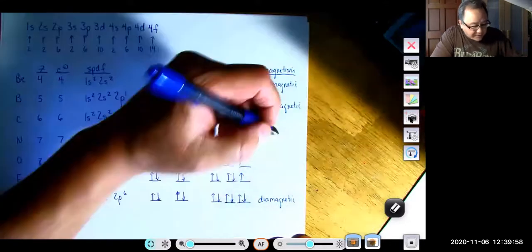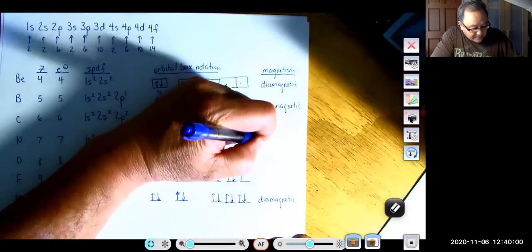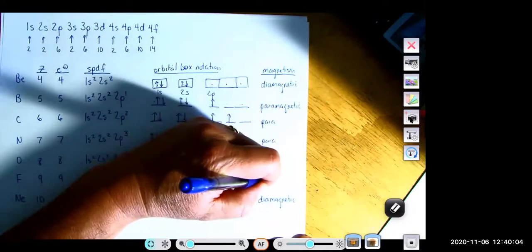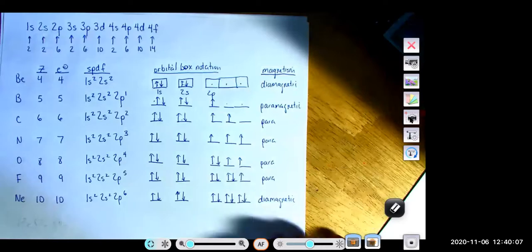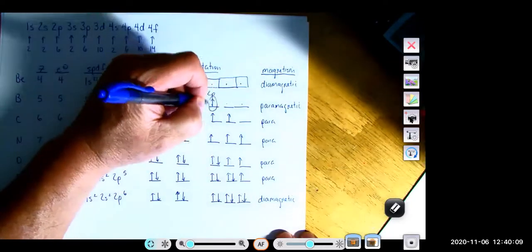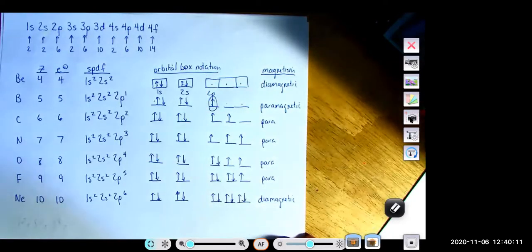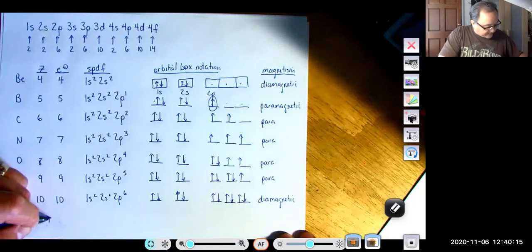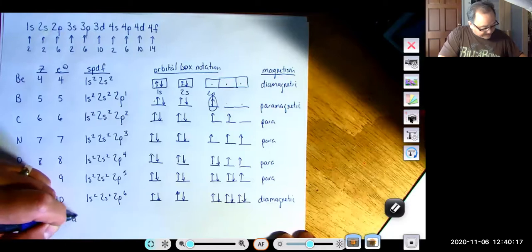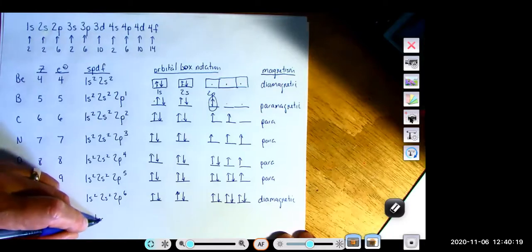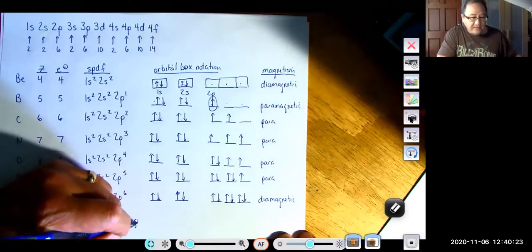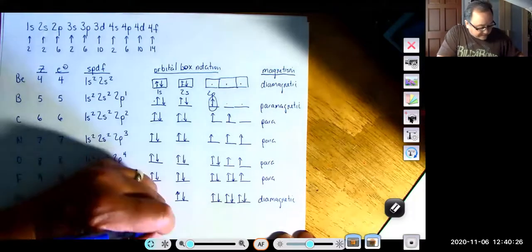I'm just going to put para, para, para, para. So para is attracted to a magnet, they come together, that's correct. And dia is repelled.